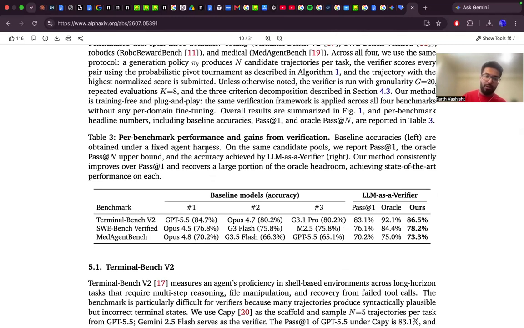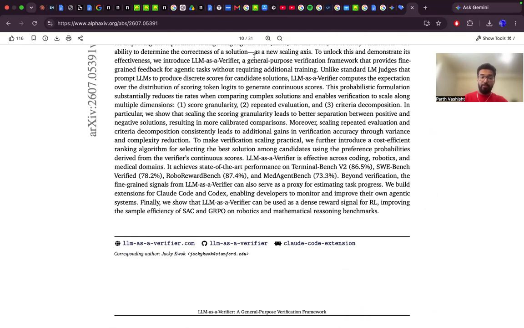Baseline accuracies are on the left, so this is the baseline accuracy of different models, as we can see here. So on Terminal Bench, there is pass at one, an Oracle, and LLM as a Verifier. LLM as a Verifier is doing really good work there.